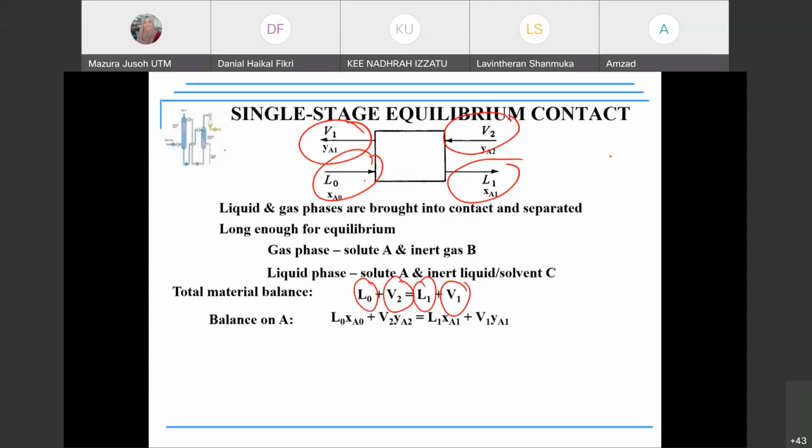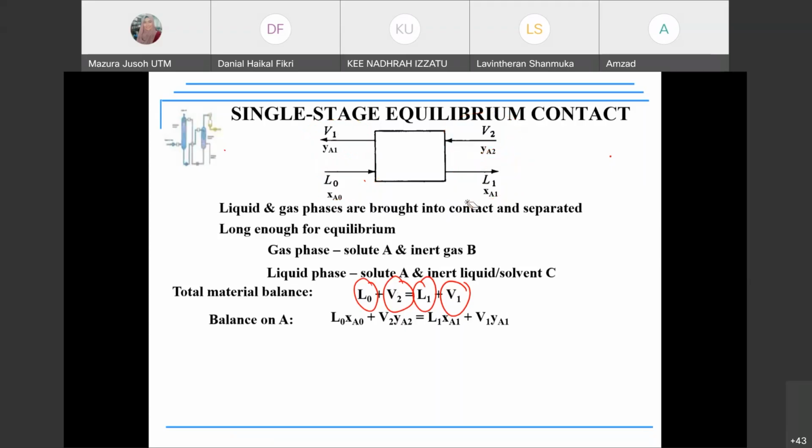From mass balance, you learned this, right? You will first do the total balance and then you will do the component balance. The component that we are interested in is component A, because that's the only component that's moving. Components B and C are inert. They don't move, they stay in the stream. So for the component balance, which is balance on A, you will take the respective mole fraction in each stream.